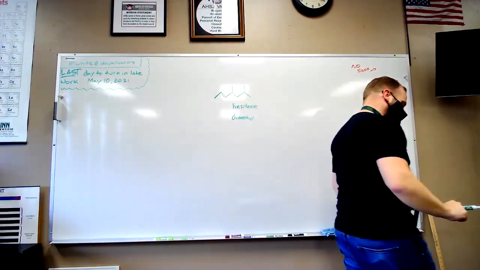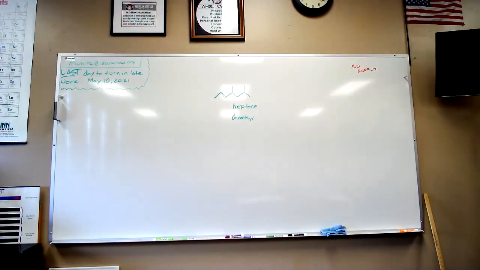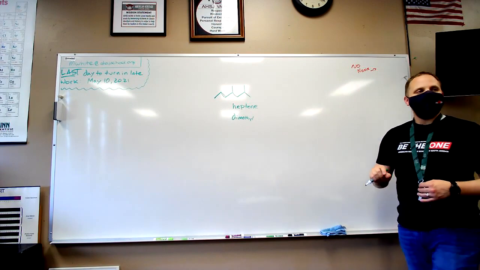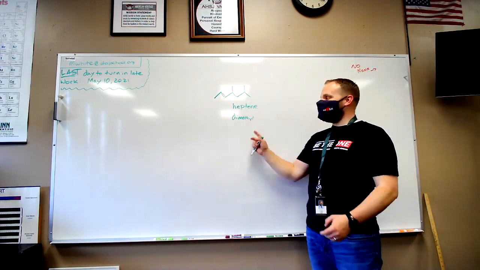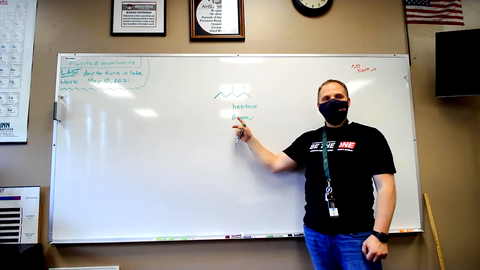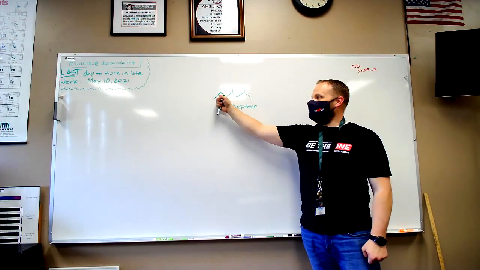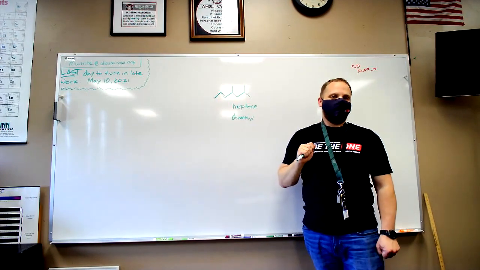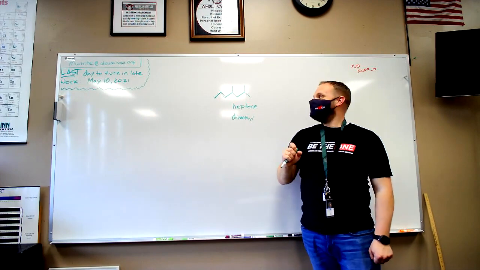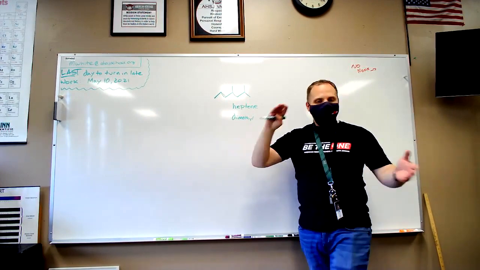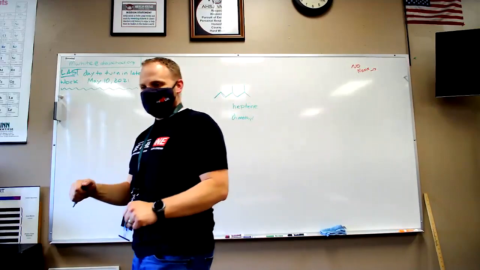The numbering also gets easier because it doesn't matter about these. What matters is making that number as low as possible. So all you care about is making the double bond as low as possible.